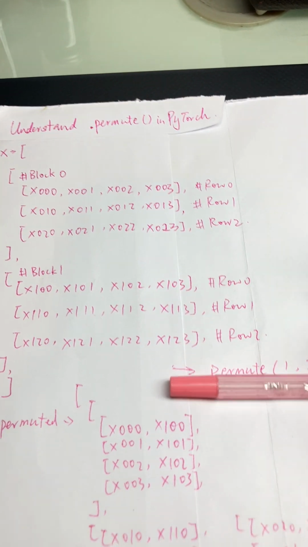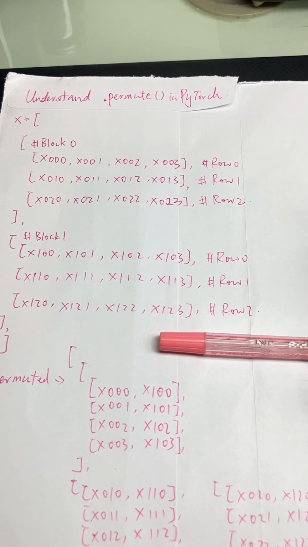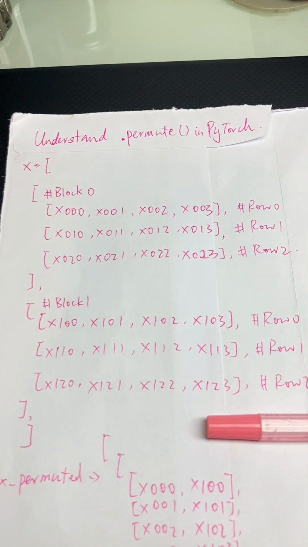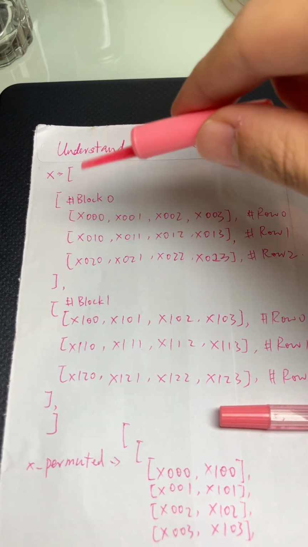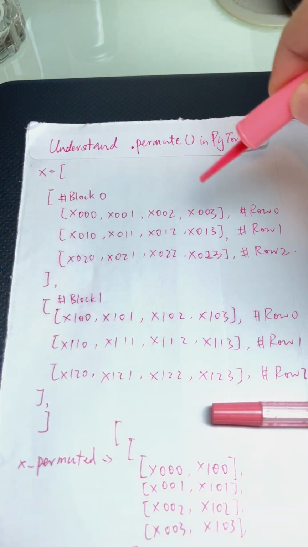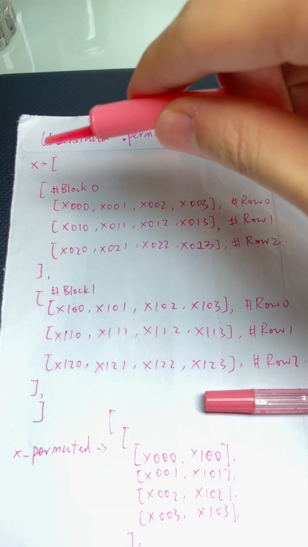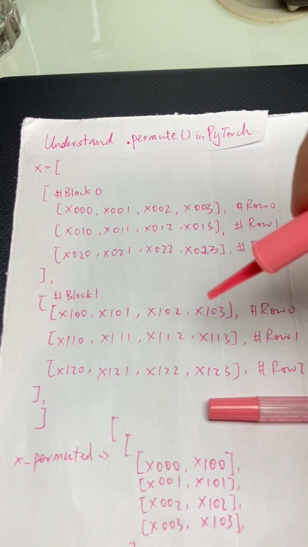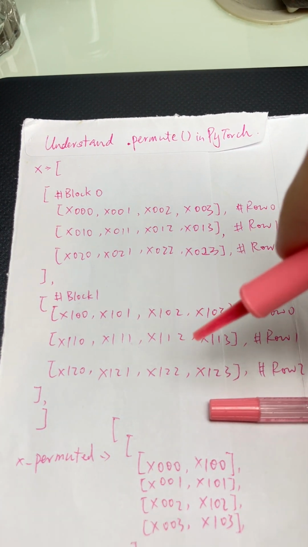Let's start with an example like this tensor here. I've written a 2 by 3 by 4 tensor here, so we'll call it x. Also, a few simple words on the naming convention here.